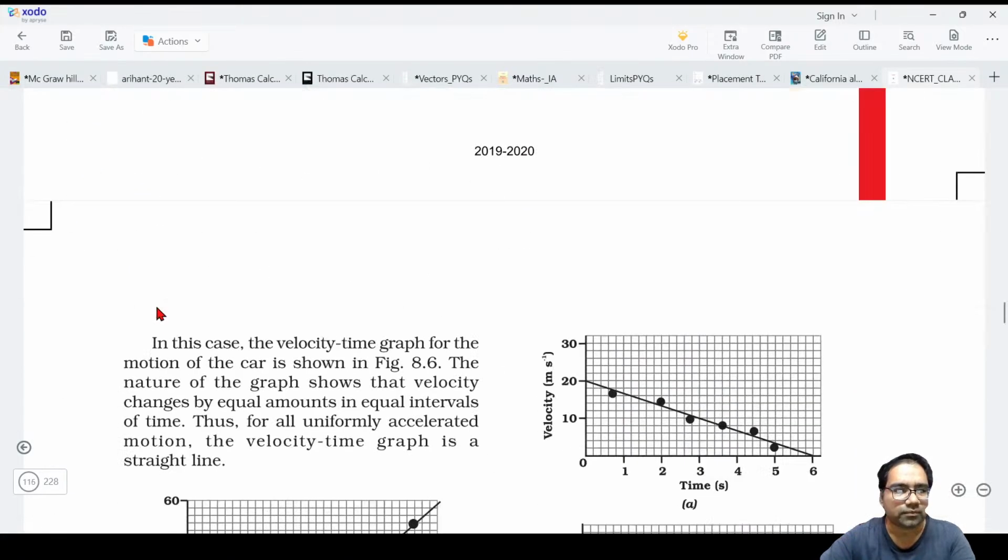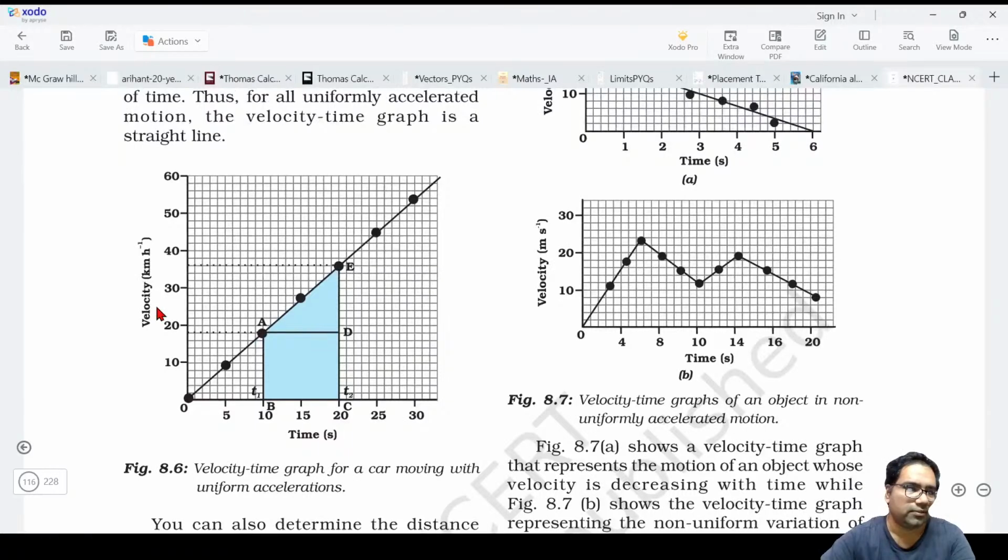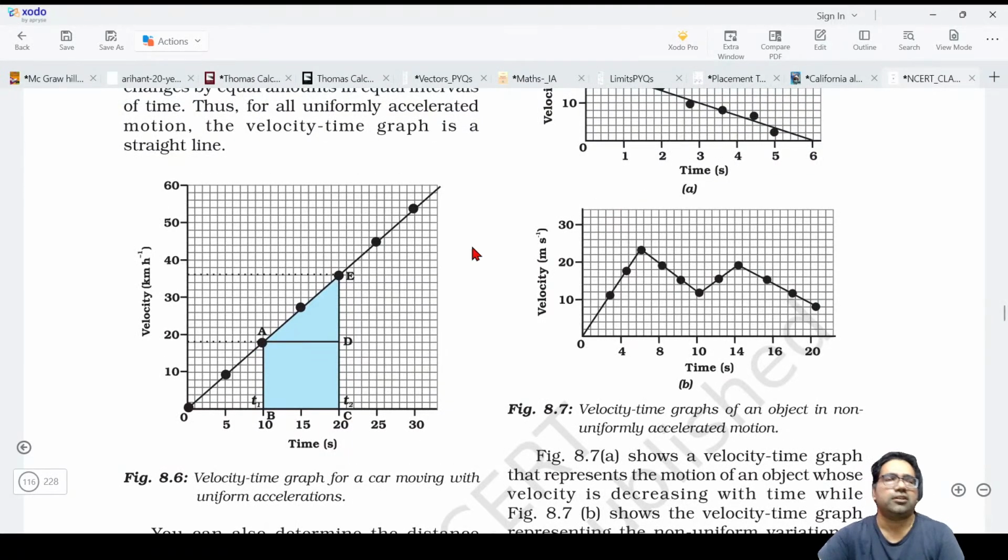Now see here. Another important thing that you should remember is if you take velocity time graph and calculate the area under the graph, you will get distance. Area under velocity time will give what? Distance.